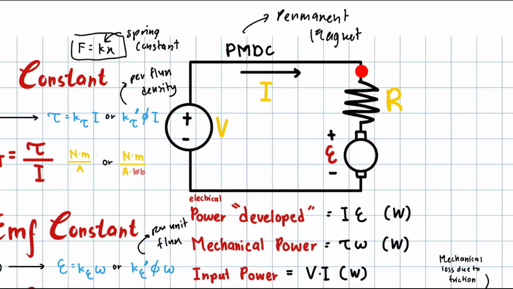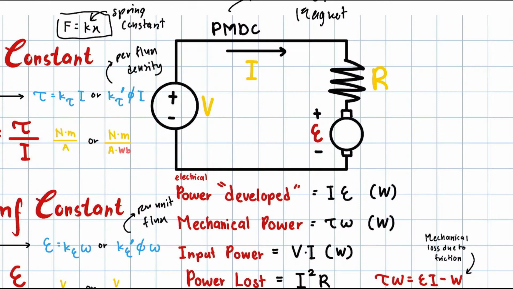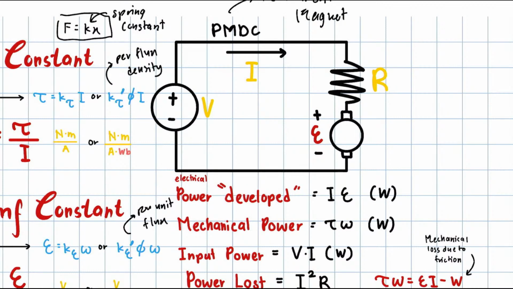Usually we put the resistor component outside, just an easy way to see it in a circuit diagram. So it's just a normal circuit. But this resistance is special because it is actually a motor.